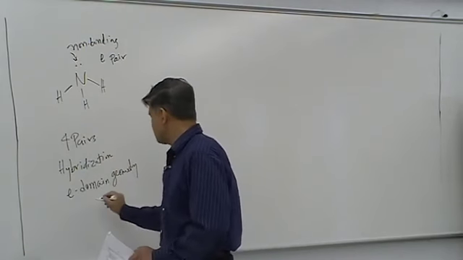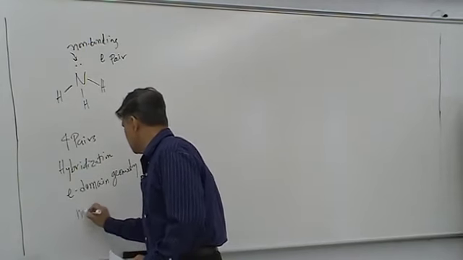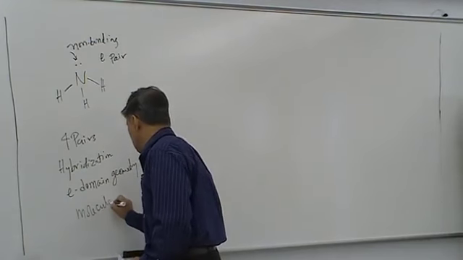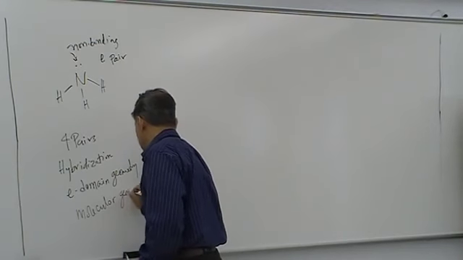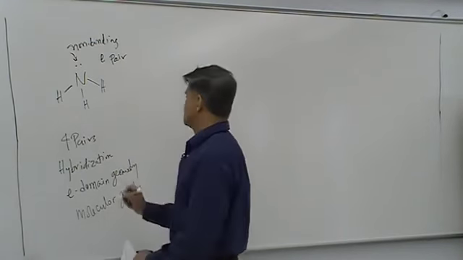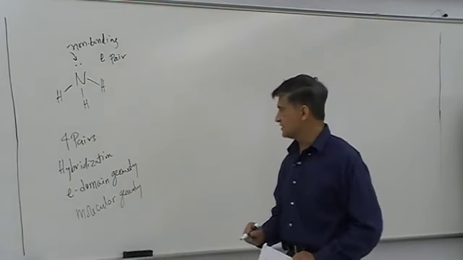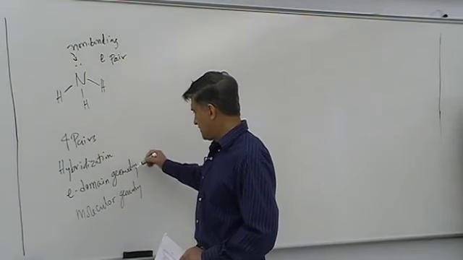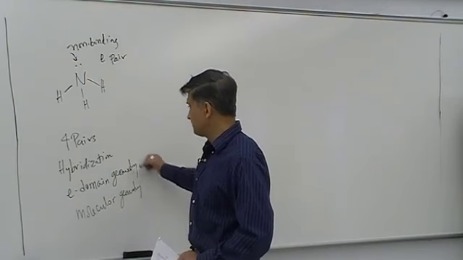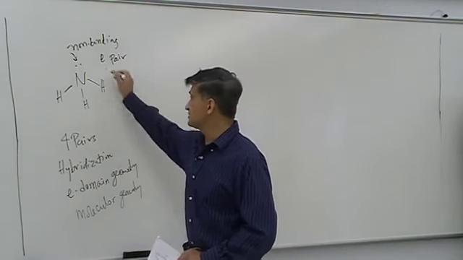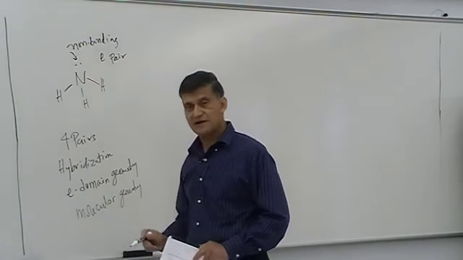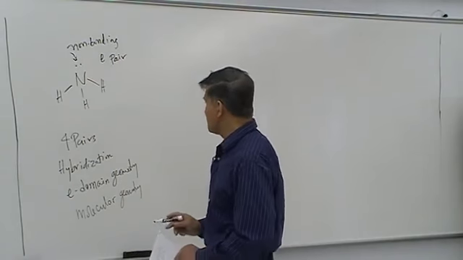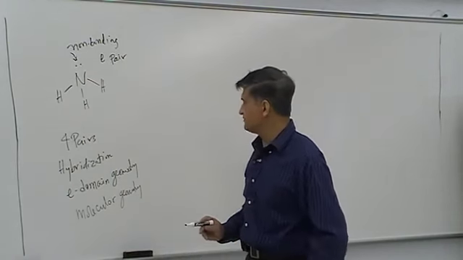So from electron domain geometry you get molecular geometry. So keep this in mind, how we come up with hybridization, electron domain geometry, molecular geometry from electron pairs, all the electron pairs around the central atom. So I'm going to explain to you about hybridization first.